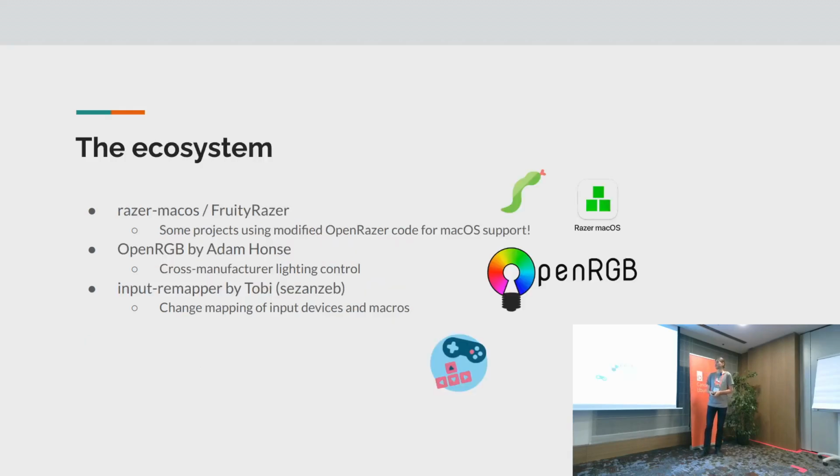OpenRazer is not really alone. We do have some projects that are using OpenRazer or are somewhat affiliated, or not affiliated, in the same space and quite useful. There are some projects for macOS called Razer macOS and Fruity Razer. I think there are also some others, but I'm not hearing much of them, which take the OpenRazer code and make it work on macOS.